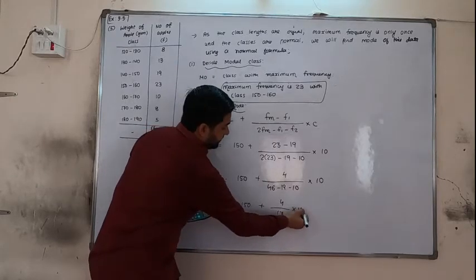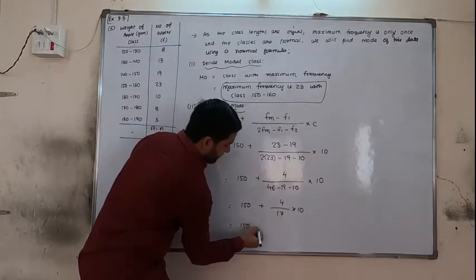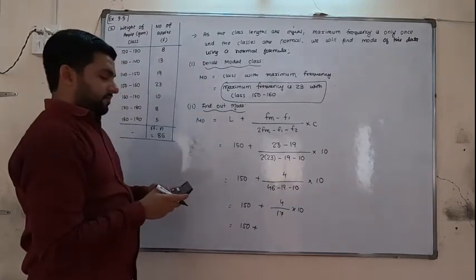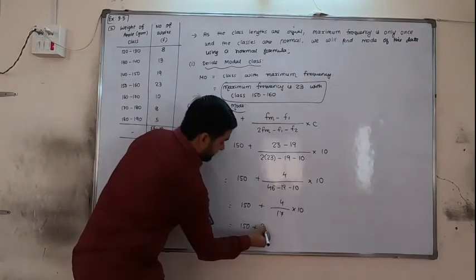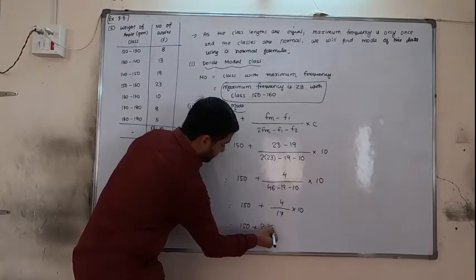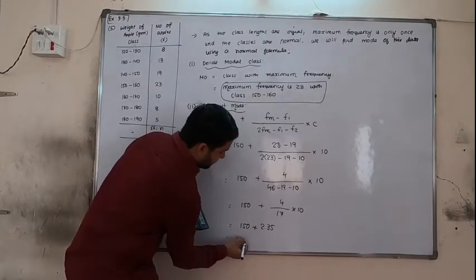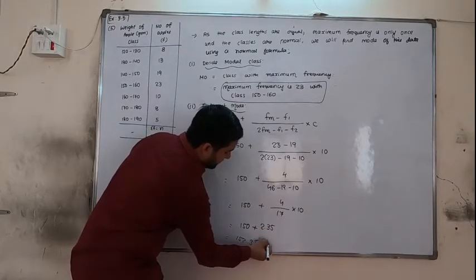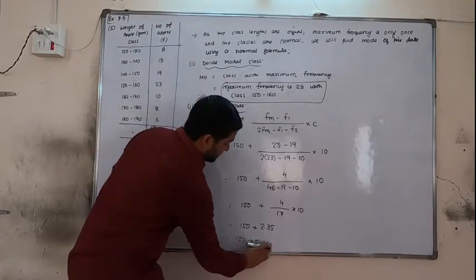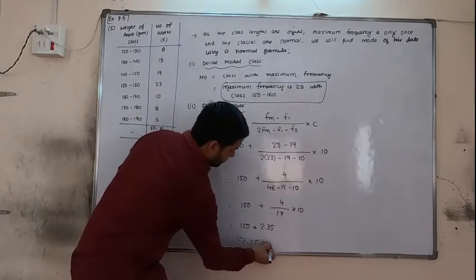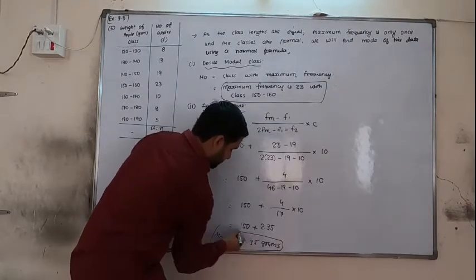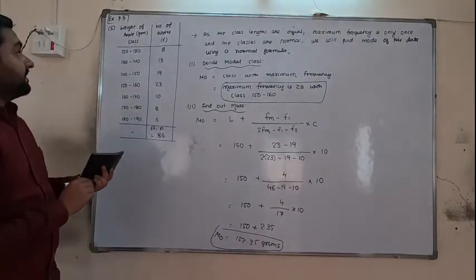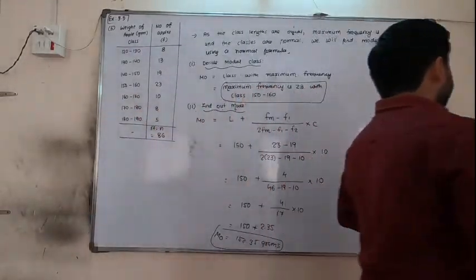So 17 into 10. So 150 plus 4 into 10 by 17, 2.352, so 2.35. So the answer is 152.35 grams.